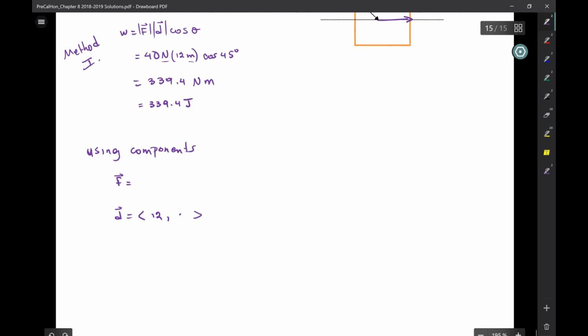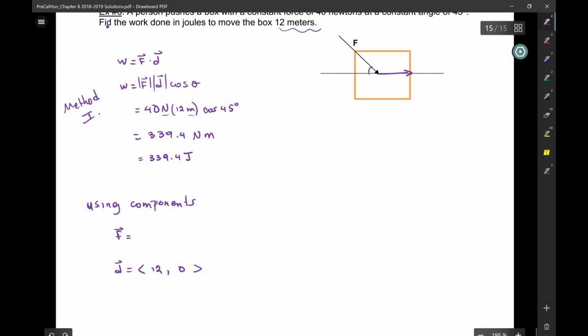Good, because it's moving in the horizontal direction, no vertical direction. And if the angle of the force vector is 45, then the component form is 40 cosine 45, 40 sine 45.